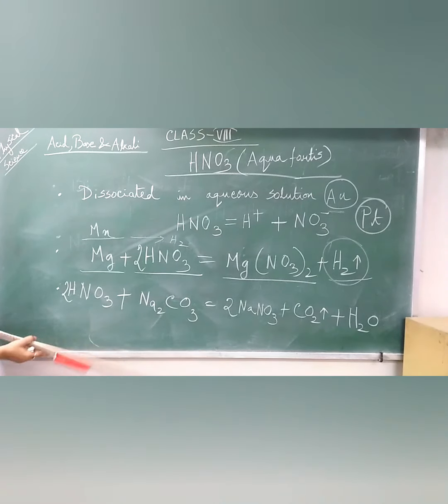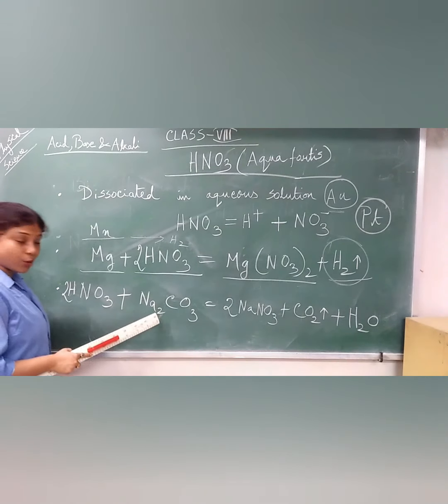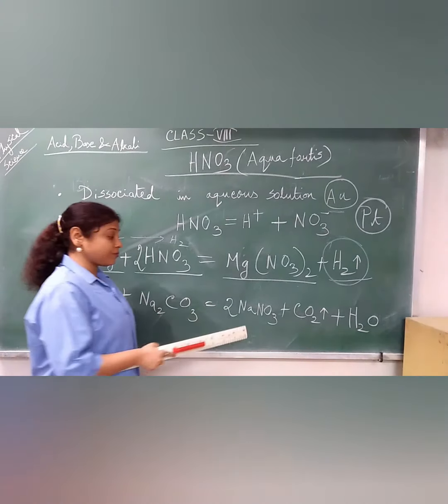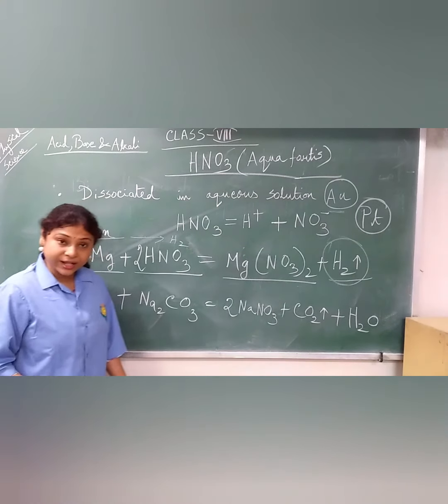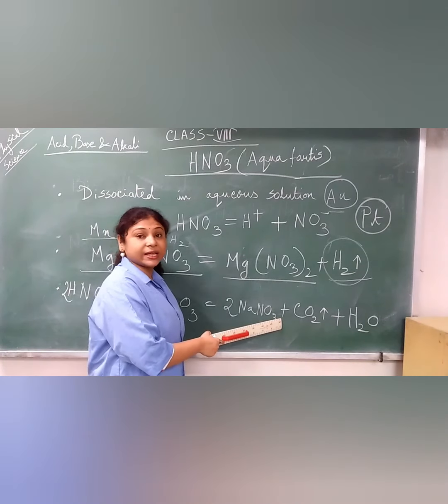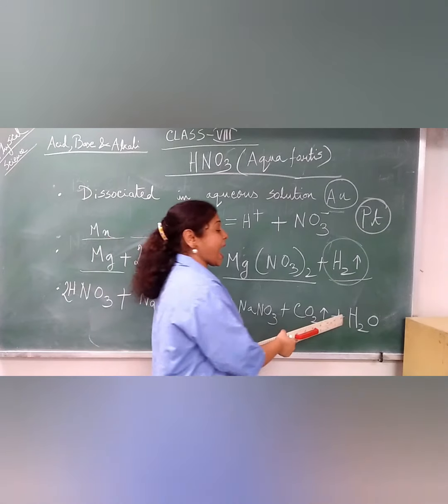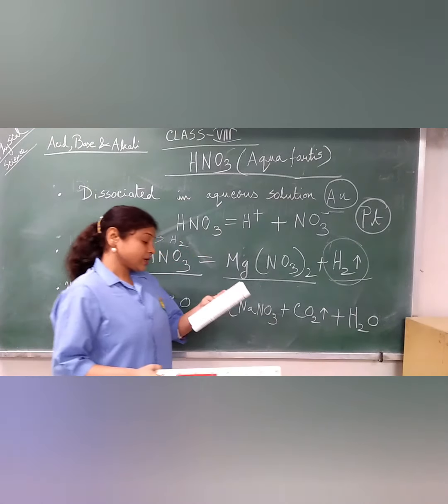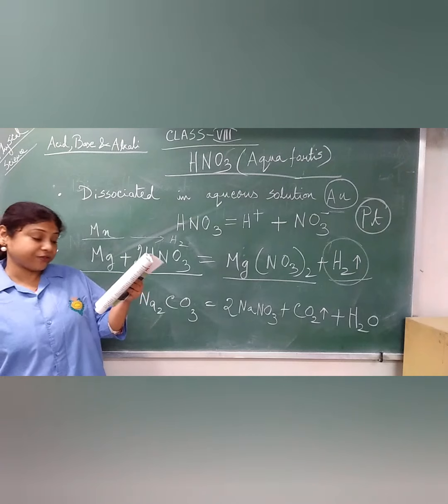Now another property is the same as the other acids. When HNO3 reacts with sodium carbonate, it will form sodium nitrate, carbon dioxide as effervescence, and water. So these are the properties of nitric acid.